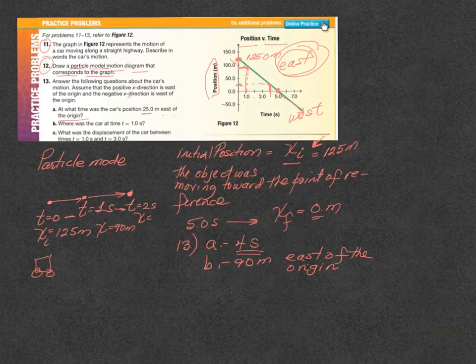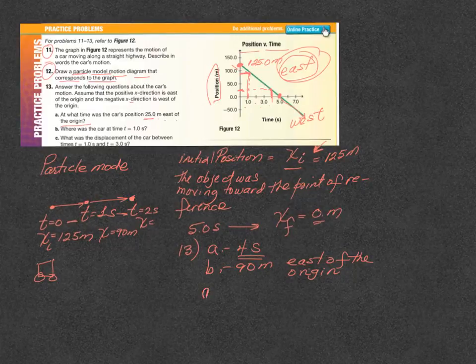Okay. So question C over here is asking you for what was the displacement of the car between the time it was equal to 1 second and the time was equal to 3 seconds. Displacement, between 1 and 3. So I'm going to look over here.